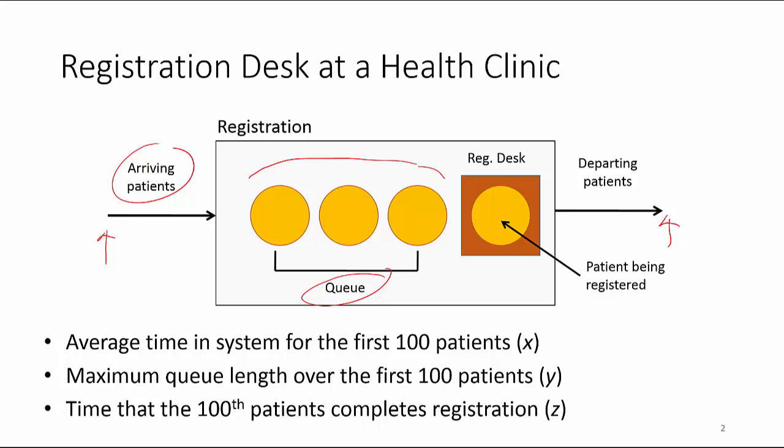Because the arrivals are random and the service is random, the values that we're interested in are also random variables. And because they're random variables, they have some probability distribution.